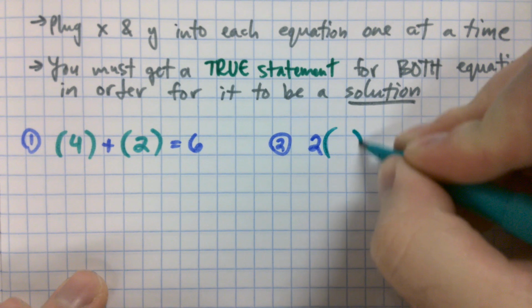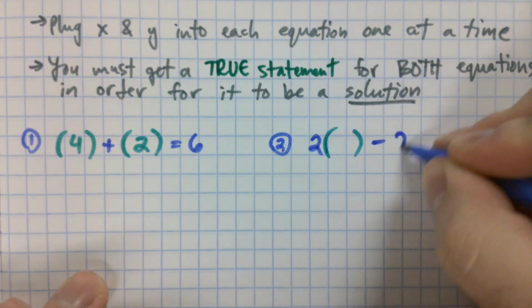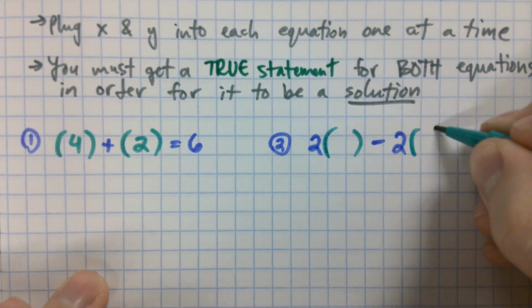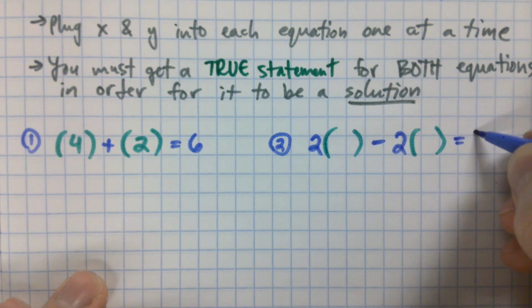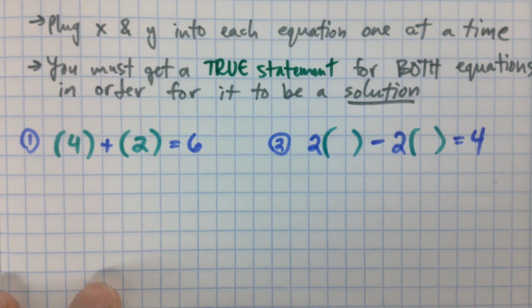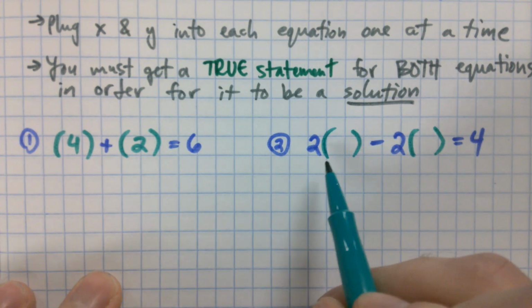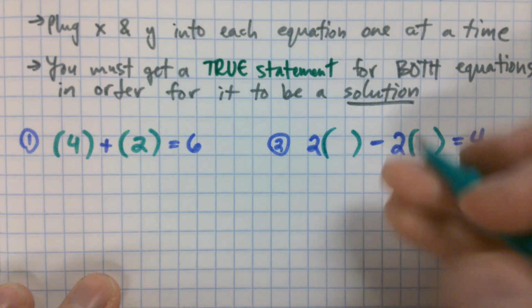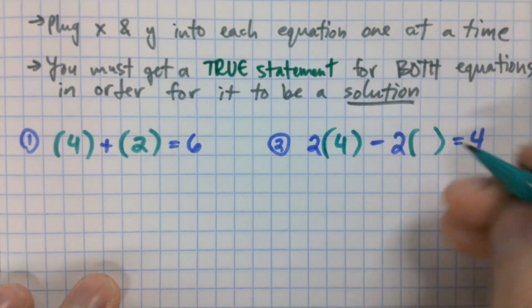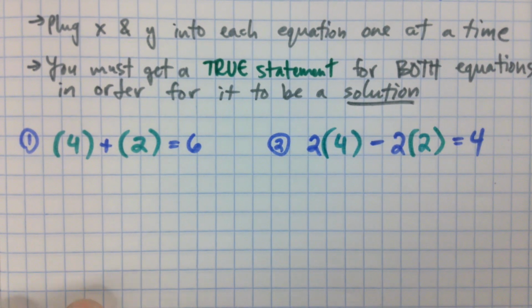I'm going to do the same thing with my second equation. I'm going to take out the x, take out the y, leave everything else about that equation exactly how it is. What am I going to plug into this first parentheses here? 4. And my second parenthesis? 2.